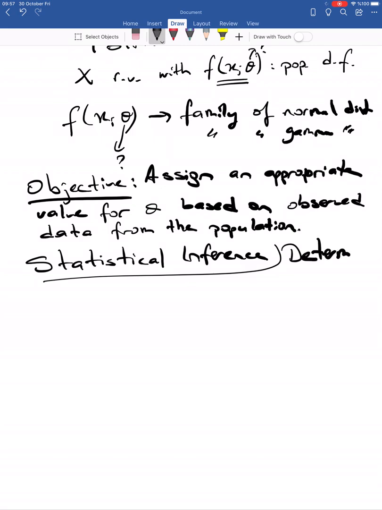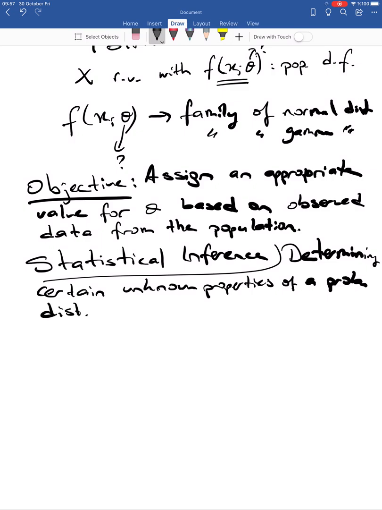So determining certain unknown properties of a probability distribution on the basis of a sample.